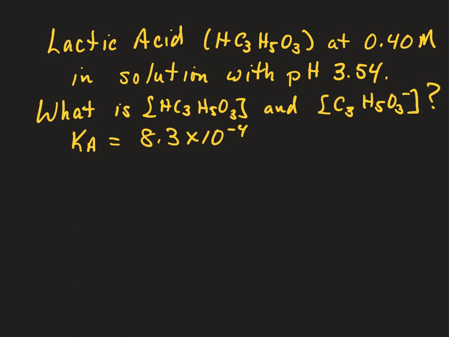The question is, at that pH, how much of the lactic acid is still undissociated and how much is dissociated to form lactate ion? And the Ka for lactic acid is 8.3 times 10 to the minus 4.